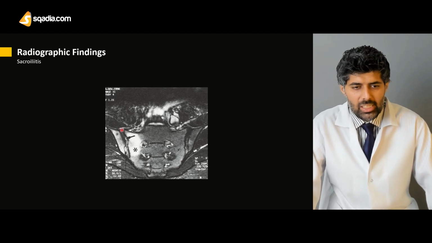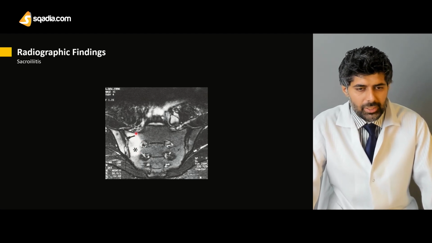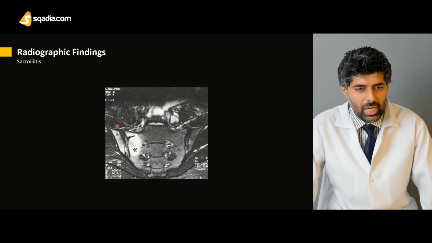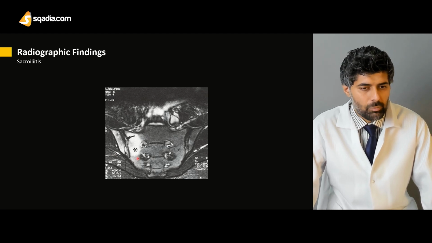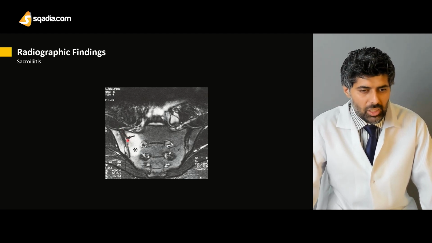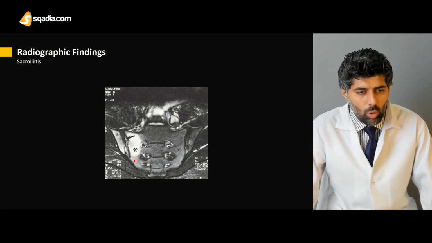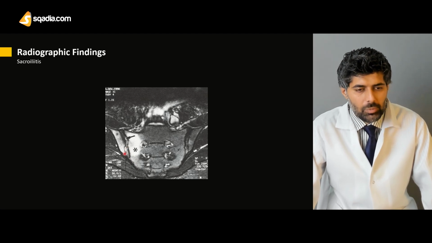Now, as you can easily see here, this patient with sacroiliitis, which is unilateral because this area is normal and this joint is inflamed, and it is inflamed because we can see a large amount of edema at this area. There is also inflammation of the ligament, which is this thick arrow, along with inflammation of this tendon, which you can see here.